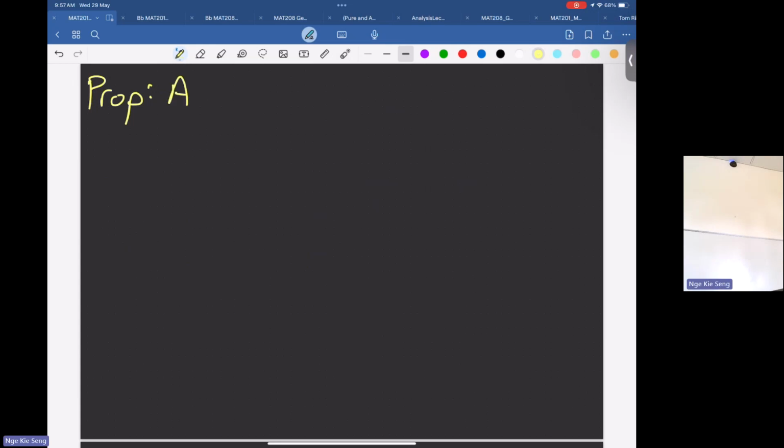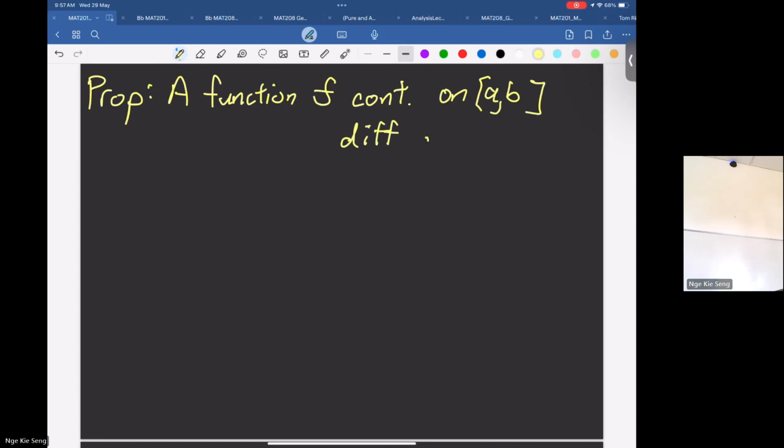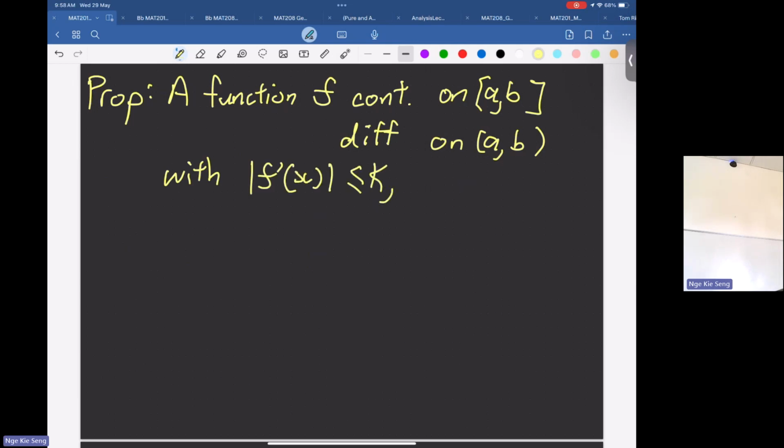A function f which is continuous on the closed interval [a,b] and differentiable on the open interval (a,b), with the derivative satisfying |f'(x)| is less than or equal to k for all x in (a,b), is Lipschitz continuous.